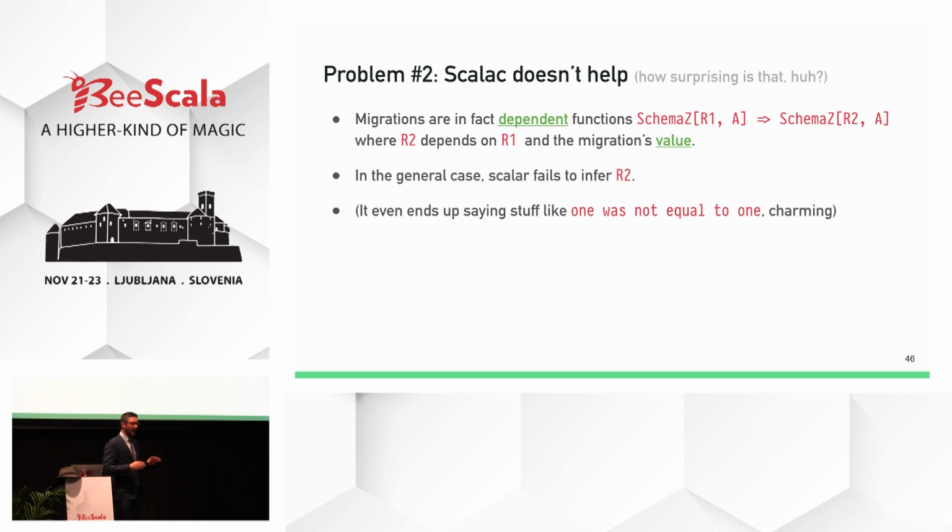And I think we got it right, but there is something in Scalac, at least in Scala 2, that makes it unable to correctly infer it. And at the end, we ended up with very, very big error messages where it boils down to 1 was not equal to 1, which I believe is false. This statement, I believe it's false. But still, there was not any way to convince Scalac that we were right.